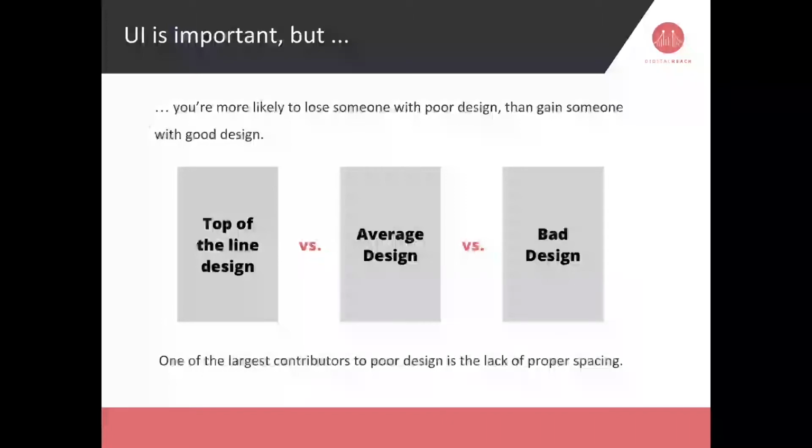Now, what makes the difference between good design and bad design? Often that is in the eye of the beholder, but there are a couple main things that even as you're looking at your own website, you can quickly identify things that are going to allow this design to be better. The single biggest item that causes the perception of bad design or bad user interface is spacing.